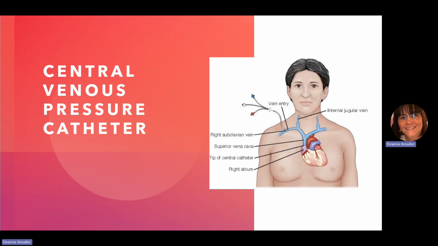So with a congestive heart failure patient with a CVP of 10, I would know they're fluid volume overloaded, their preload was high, and I would give a diuretic like furosemide, and I would be able to watch the monitoring on the monitor and my CVP come down.